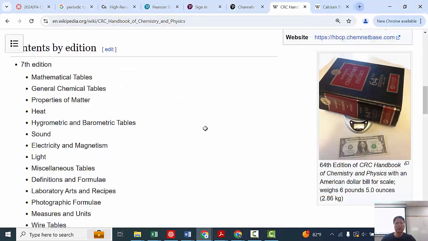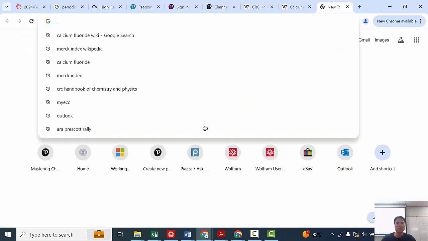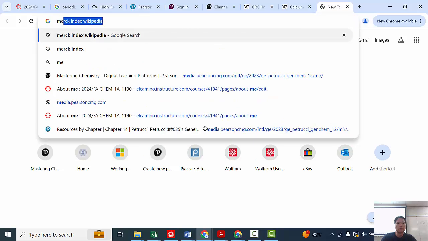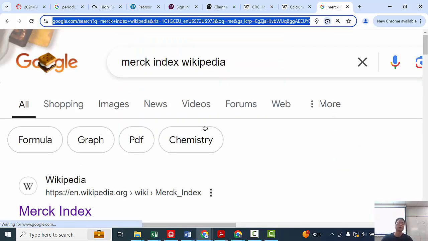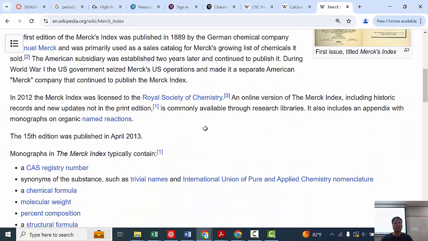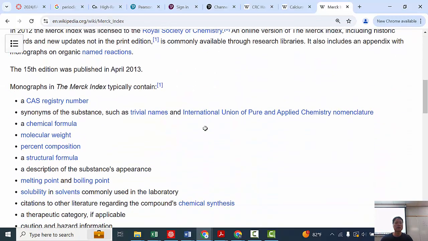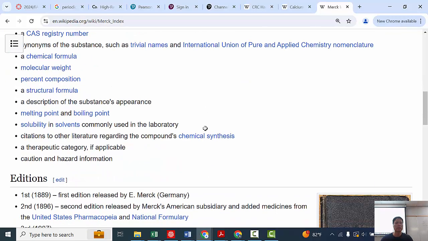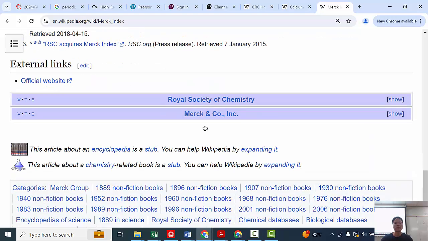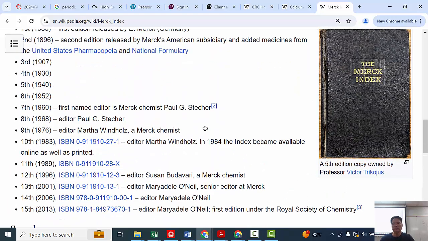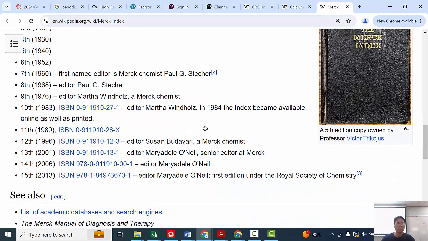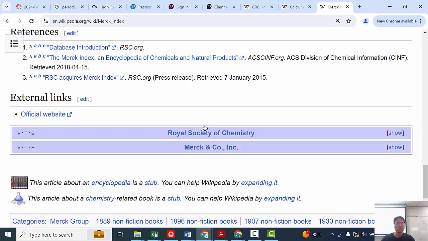There's another one that we often use, and it's called the Merck Index. The Merck Index has a bias towards biological and organics. Merck is a big drug company. Here's the 5th edition. We're well past the 15th edition here.